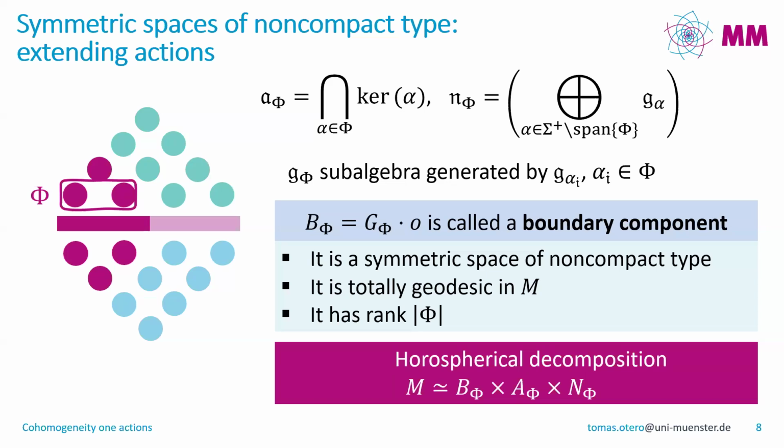And there's this theorem called the horospherical decomposition, which states that the ambient manifold M is diffeomorphic to the product of B phi, this thing called the boundary component, A phi, and N phi.